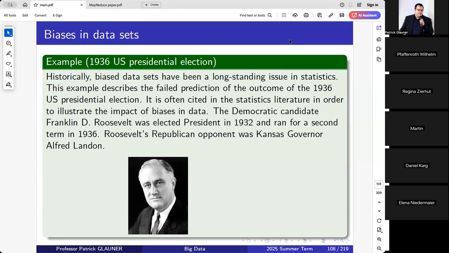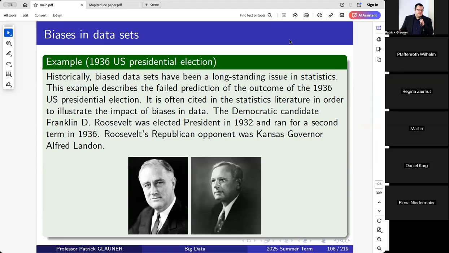So in 1936, Roosevelt was running for re-election. He was elected in 32 for the first time and then ran for a second term. Eventually, he had 4 terms, but that's a different story. And his challenger was Alfred Landon, at that time the governor of Kansas from the Republican Party.